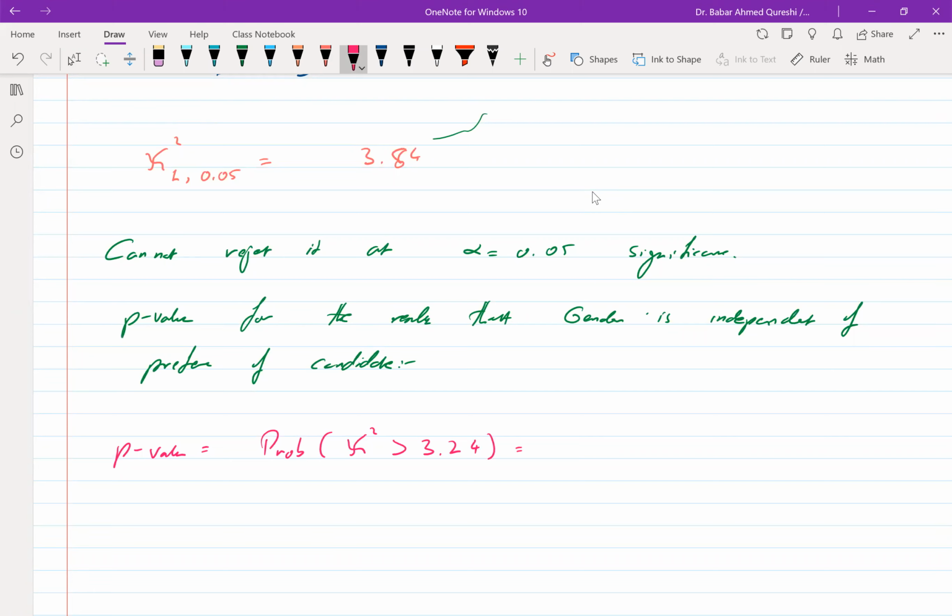So that gives me the total probability of 0.07. So the p-value is 0.07, so there is some evidence that it depends on gender, but the evidence is not that strong, with a p-value of 0.07.